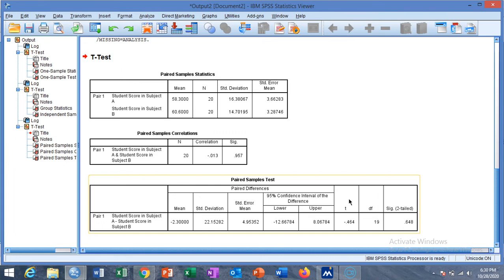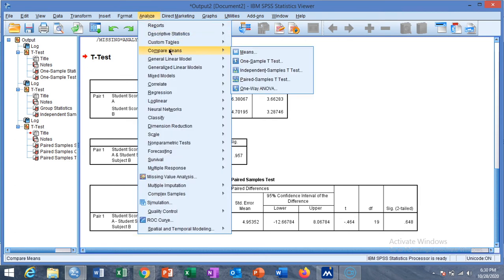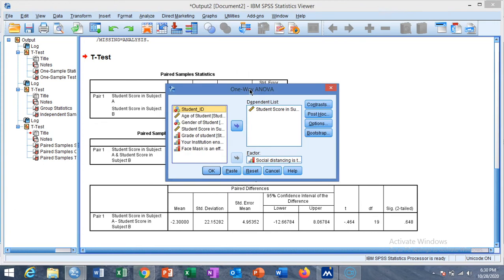The test is the analysis of variance test. We see whether there is a between-groups variance as compared to the error variance. The analysis of variance also starts from the option of compare mean.